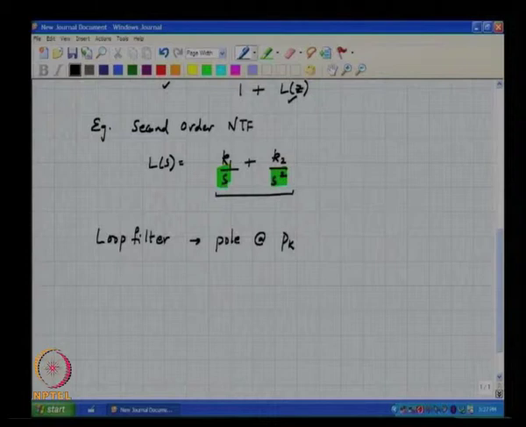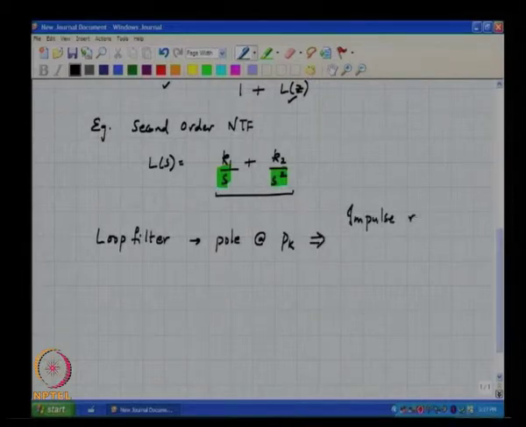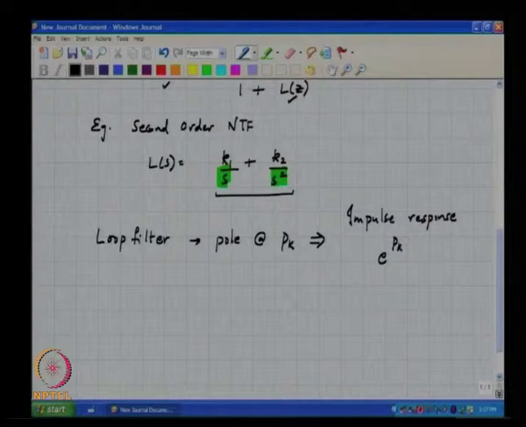So if a continuous time linear system has a pole at pk, its impulse response must be of the form e to the power pk into t, and it will be multiplied by some constant which depends on the details of the excitation and locations of other poles and other such, right.